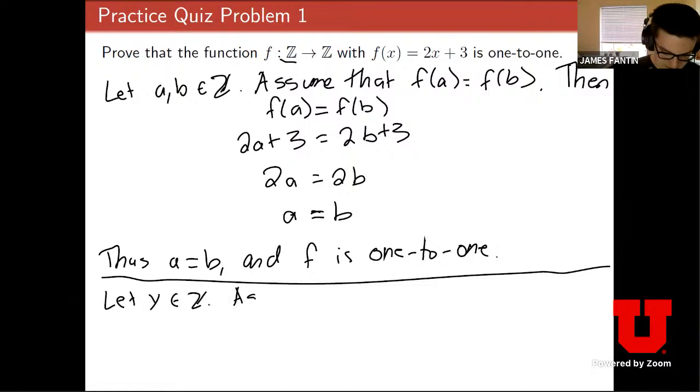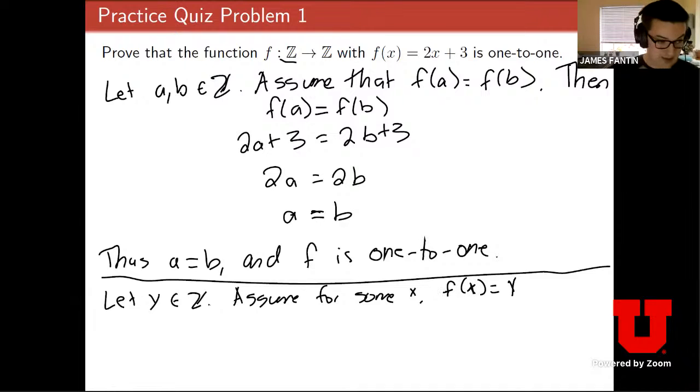Let's just assume that for some x, f of x is equal to y. And let's find out what this x is that maps to y, and if it is in fact in Z, because it has to be from the domain. So we're just assuming that this exists. We don't know if it's an integer, could be a real number, could be imaginary. We're not sure yet.